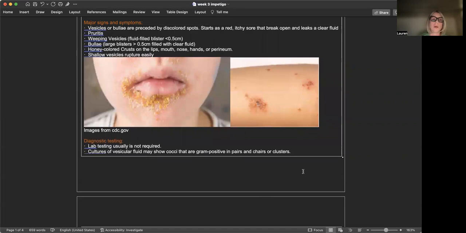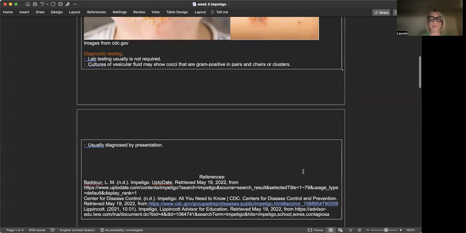Typically, after an antibiotic treatment to the skin, if that is not clearing the impetigo, an oral antibiotic can be prescribed as well. A child with a diagnosis of impetigo can return to school 24 hours after medication.